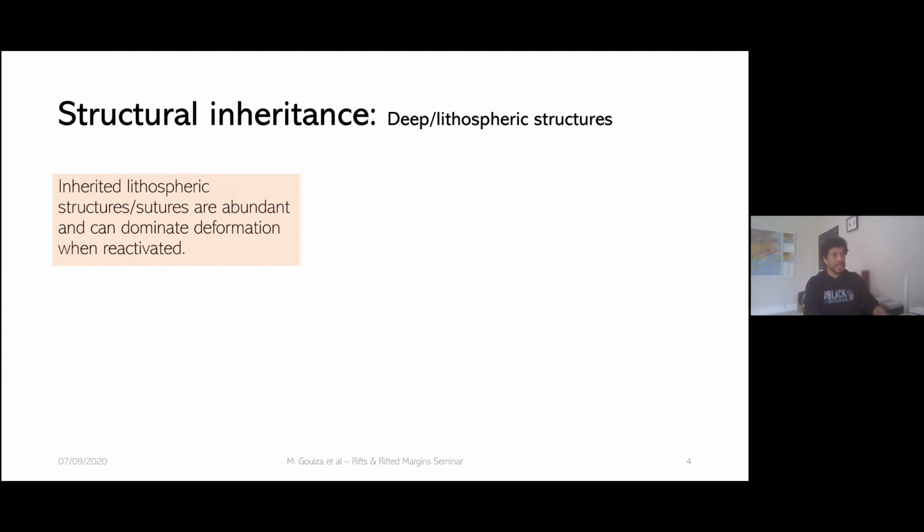In some cases, those inherited weaknesses are not restricted to the crust. Sometimes they are deeper, and they extend to the mantle lithosphere. That's the case when we have, for example, extinct mid-oceanic ridges, some major transform faults, or when we talk about zones of subduction and continental collisions.